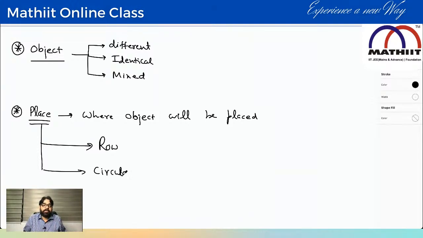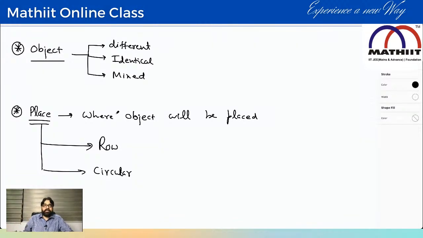You just write this much. I'm not going to explain this, we will talk about it in arrangements, row arrangement and circular arrangement. Right now you don't have to think about this. So objects, I hope, are clear to everybody. Places you have to be clear on. What is the rule of the object? Objects will be placed in whatever places are marked.